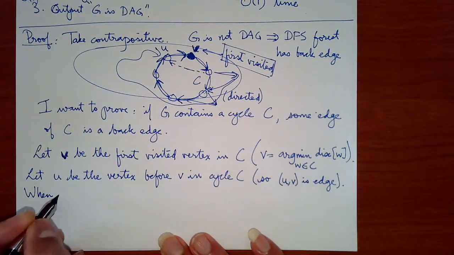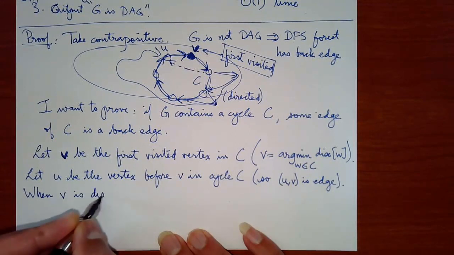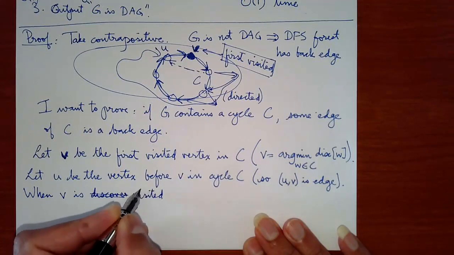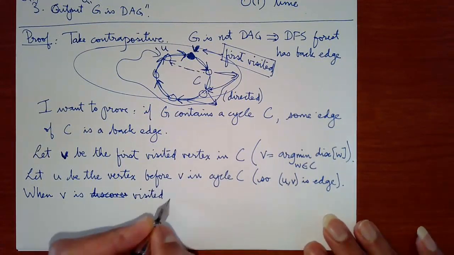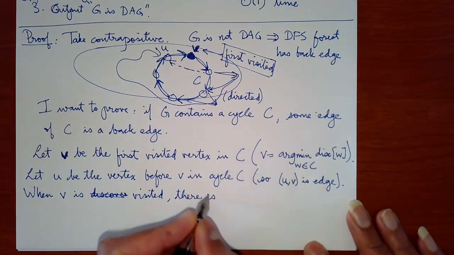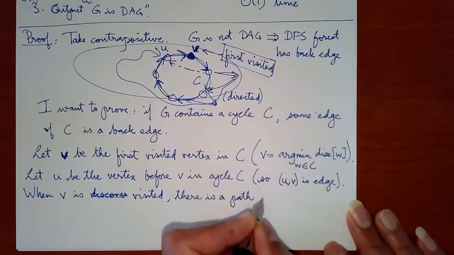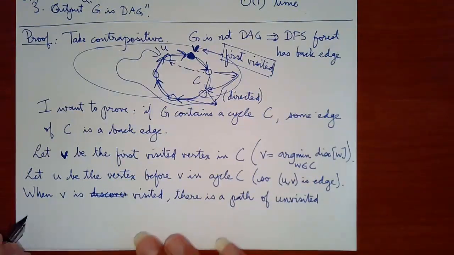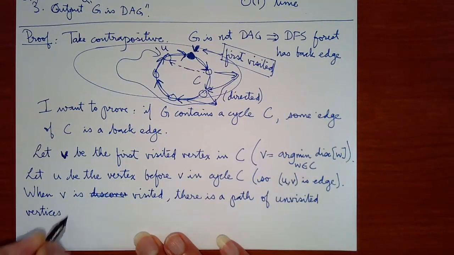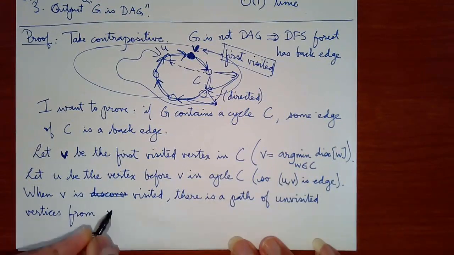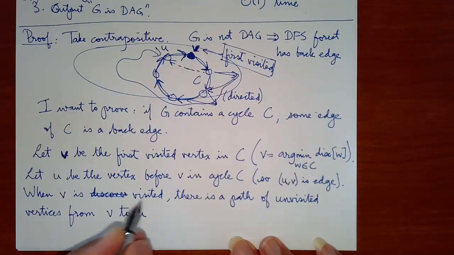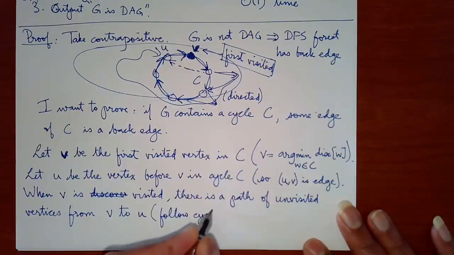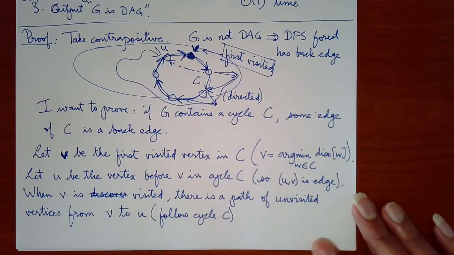When V is visited, there is a path of unvisited vertices from V to U, which is basically follow the cycle C, right? Follow the cycle C to get the path.